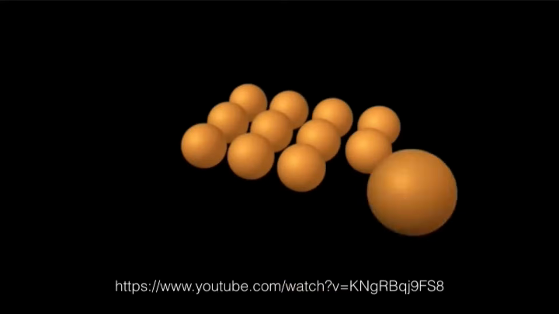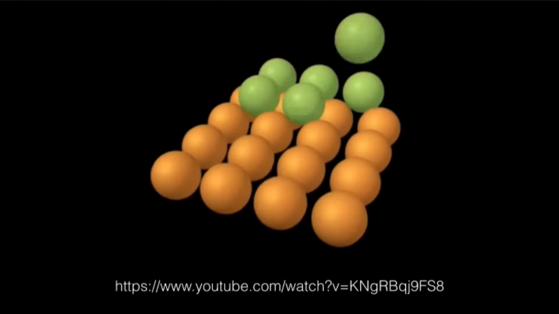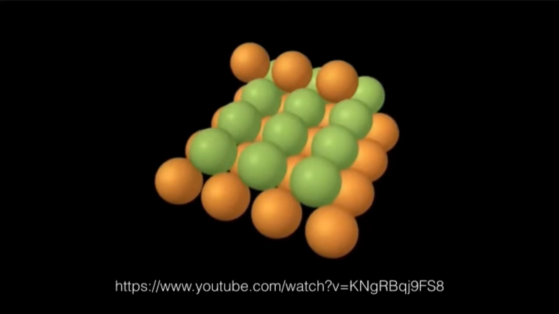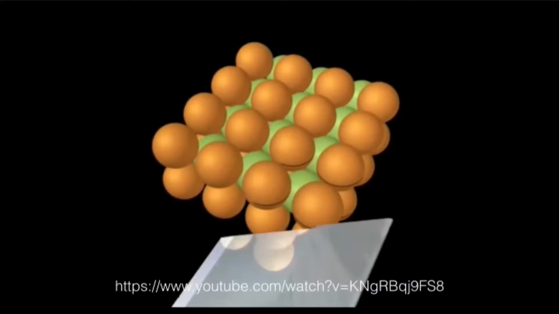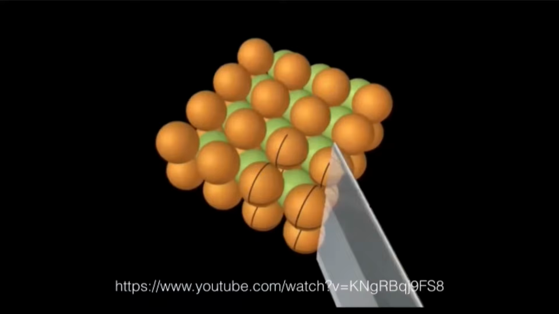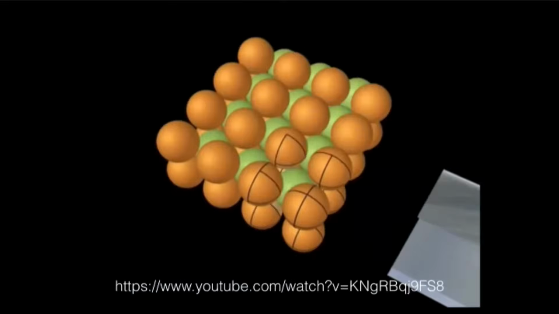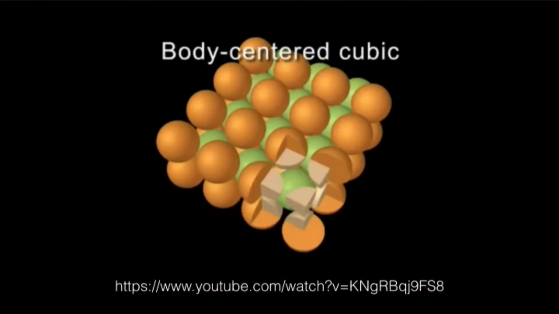Polonium. A more efficient stacking occurs if we place the second layer over the spaces formed by the first layer, and the third layer over the spaces formed by the second. That simple change leads to 68% of the available volume occupied by the spheres and a structure based on the body-centered cubic unit cell. Many metals, including all the alkali metals, adopt this arrangement.